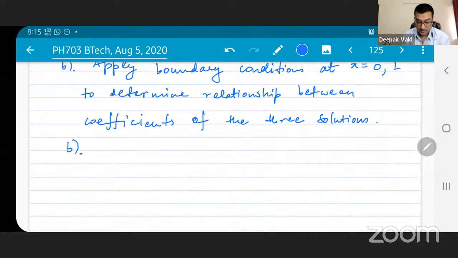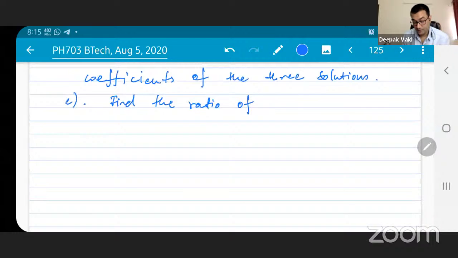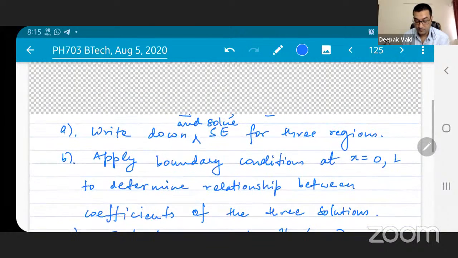And then use this to find the ratio of this amplitude: the wave function psi of x defined in region 2.